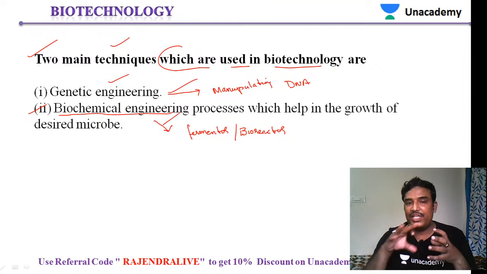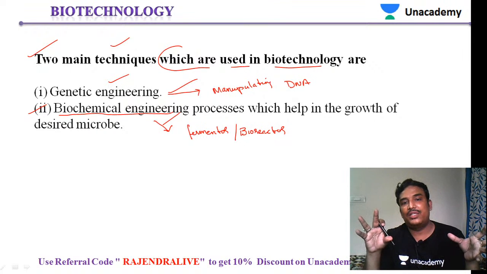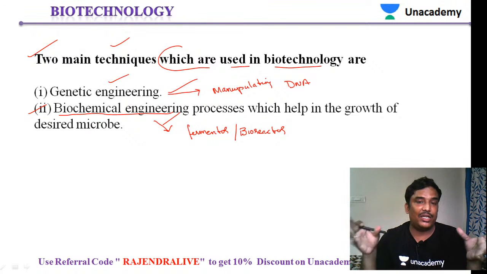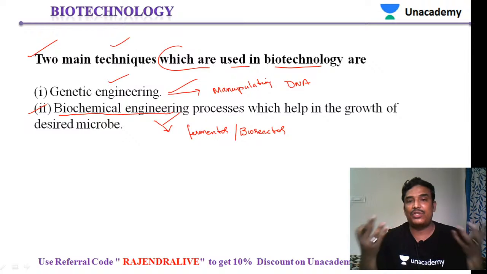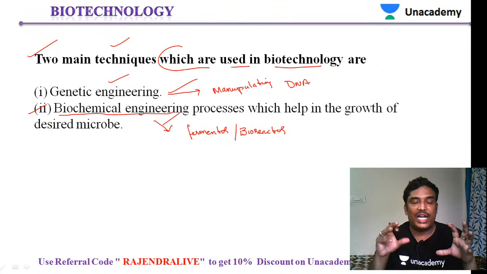Growing these microbes in a large container, called a fermenter or bioreactor, of 1000 liters for example, is called biochemical engineering.